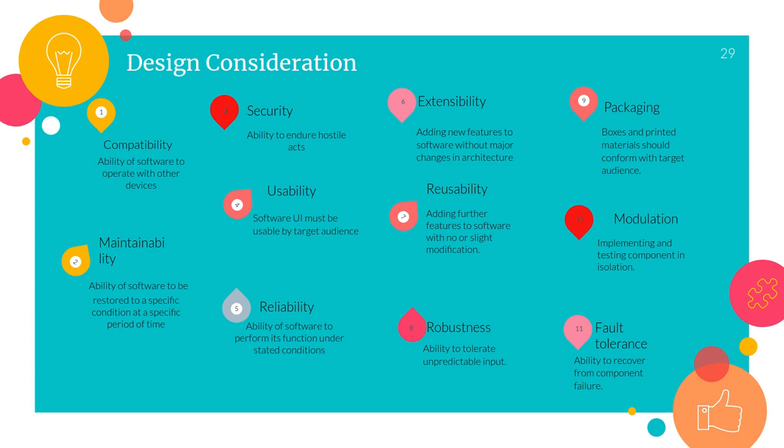And then the system should be robust, with the ability to tolerate unpredictable input. So you make sure that you have rigorously tested the system. One thing is that you shouldn't trust users. You can never trust users. As a software engineer, as a software developer, you should never trust users.